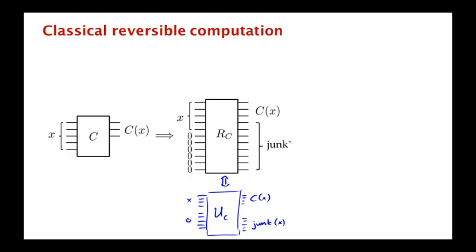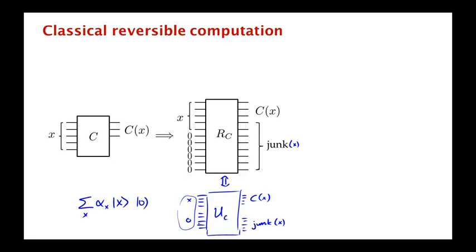This junk is going to be a function of X in general. Okay, so why do we want to do this? Well, because now we can also ask what happens if we provide this input not as a classical state but as a superposition over all possible X. So we might feed in sum over X, alpha X, X, and these remaining bits are all zeros.